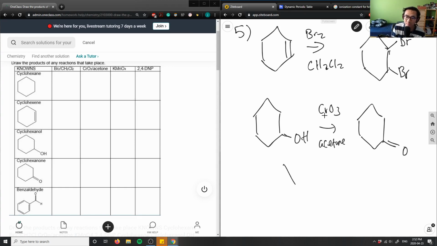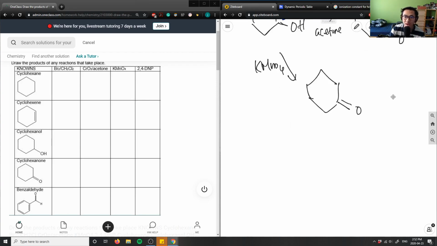Same if I were to use KMnO4. I wouldn't get a carboxylic acid because this is a secondary alcohol. With 2,4-DNP, I don't have a carbonyl group, so I won't get a product.